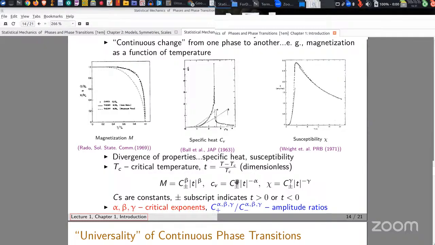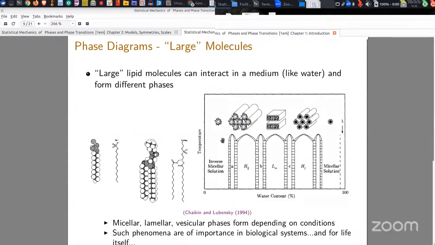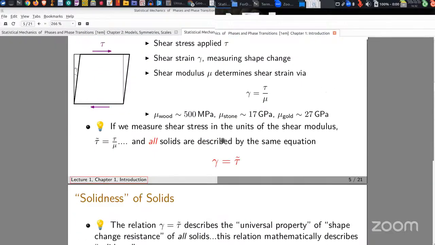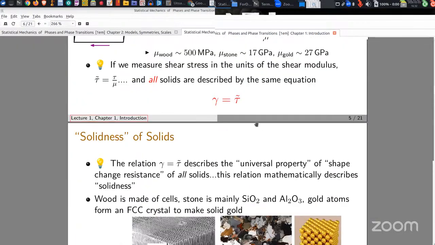Why that is the case is what we are trying to understand in this course. Where does the universality come from? It's quite remarkable: if these things are universal, the system seems to forget what it is made of. We saw that there is some description of all solids, where we said that all solids can be described by a dimensionless equation.